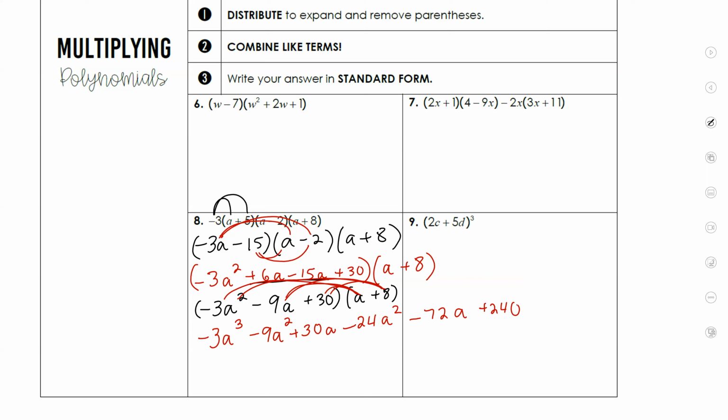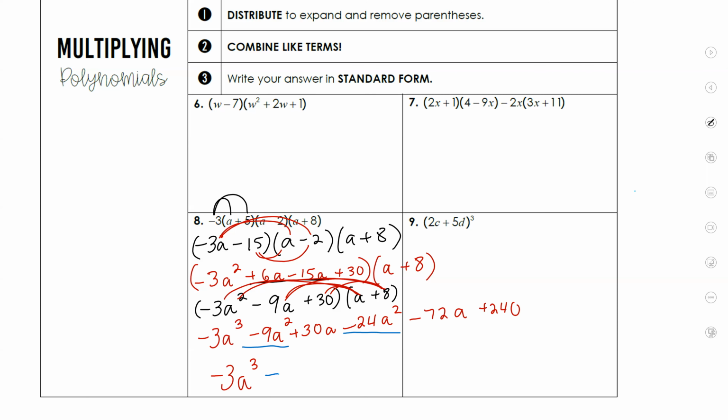And then just combine like terms. So it'll be -3a cubed. We can combine the squared terms. So -9 and -24, oh sorry, I highlighted the wrong one. Let me grab this.